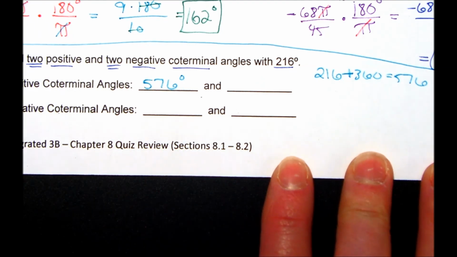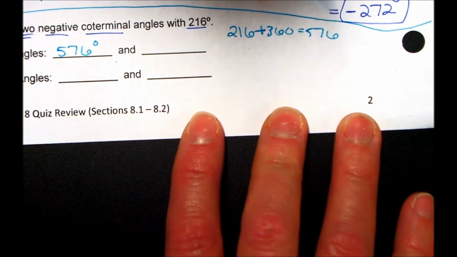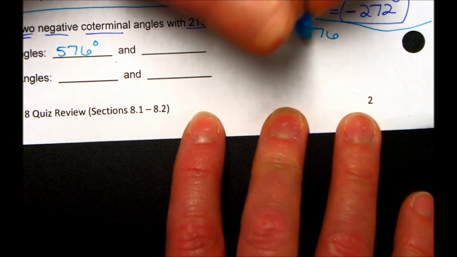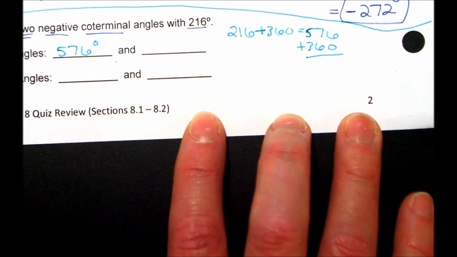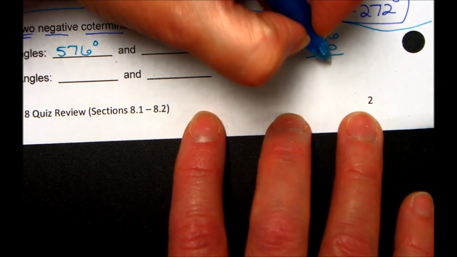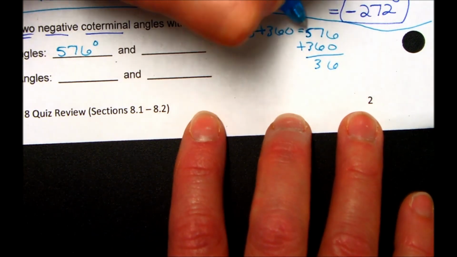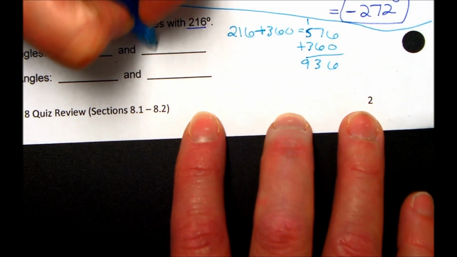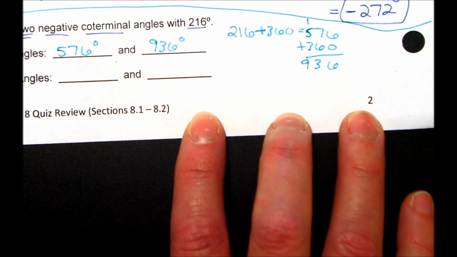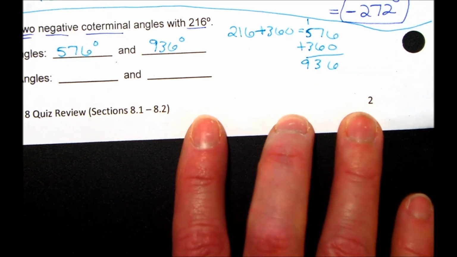So rather than doing that, I'm just going to add 360 again to the 576. That just means I'm going around the circle again. So that gives me 6, 13, carry the 1, 936 degrees. So now I have 2 coterminal angles that are positive.